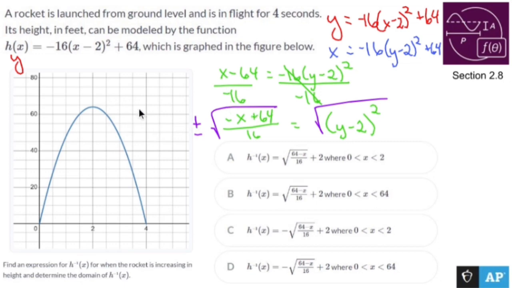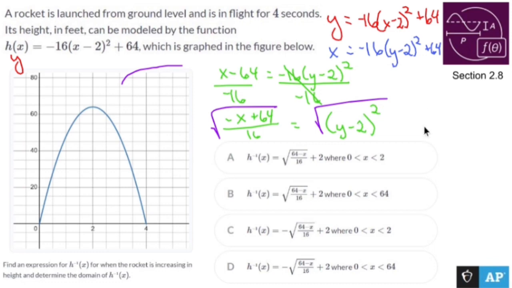So a positive square root when graphed looks like this. A negative square root when graphed looks like this. Obviously, I don't want stuff going underground. I want stuff going above ground. So I am going to get rid of that, and I'm only going to keep the positive part. So I really don't need that sign there anymore.